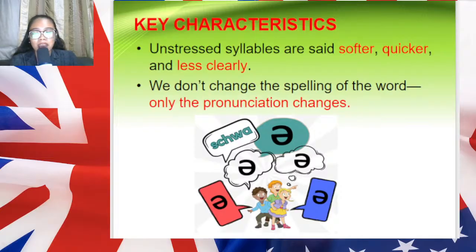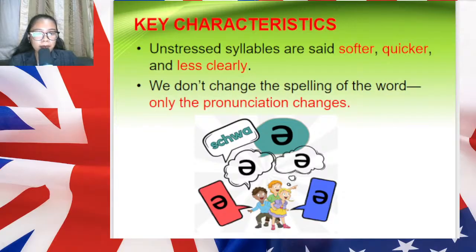It should be A, E, I, O, U. Sorry for that, it's just instinct. But anyway, the vowel letters in English are A, E, I, O, U. Okay? All right.